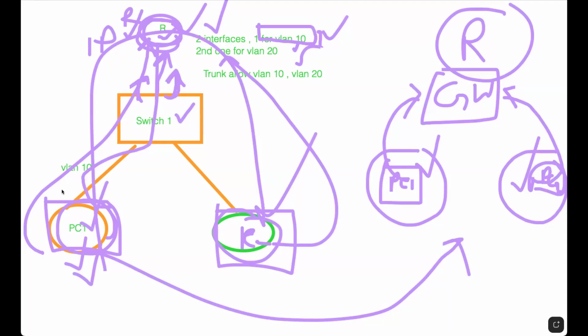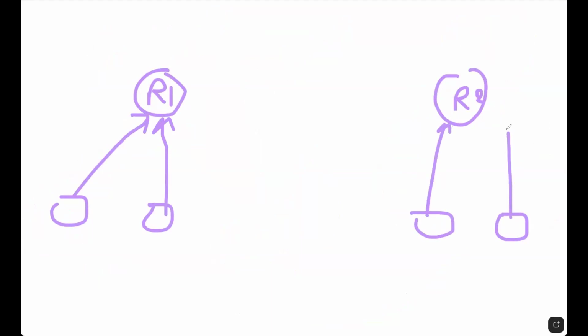Okay. So your question is, let's go back to the whiteboard. Let me delete all of this. So there is a router called router 1, and another router called router 2. We have some networks here and some networks here. These two can communicate using this router, and these two can communicate using this router.